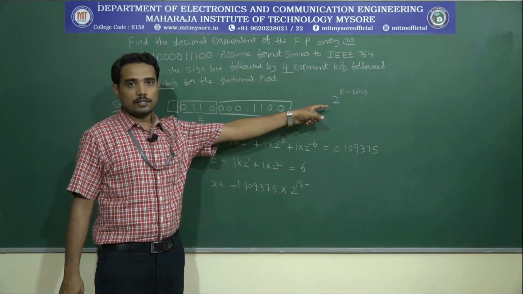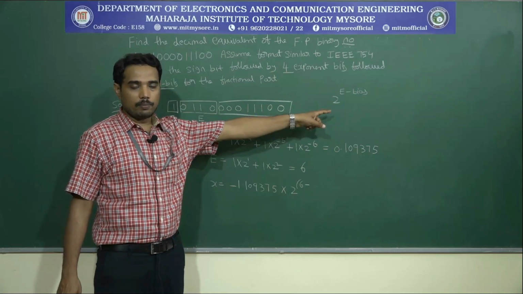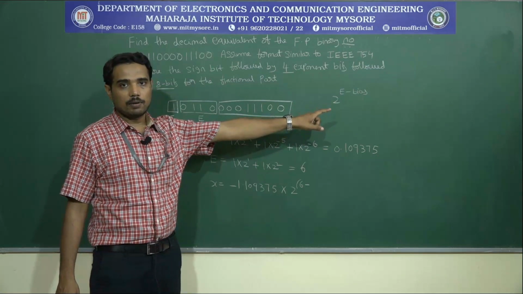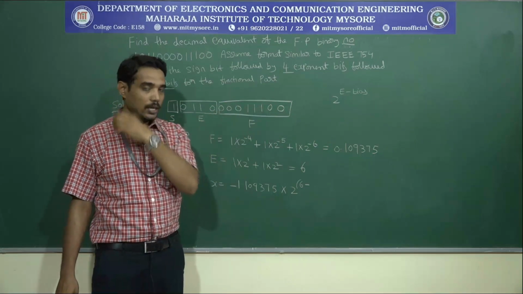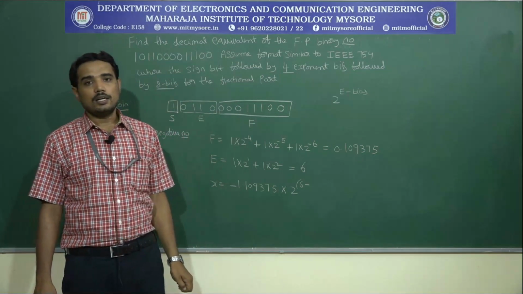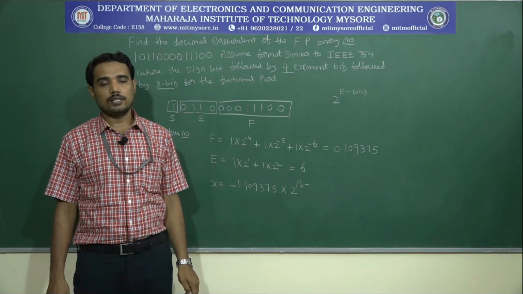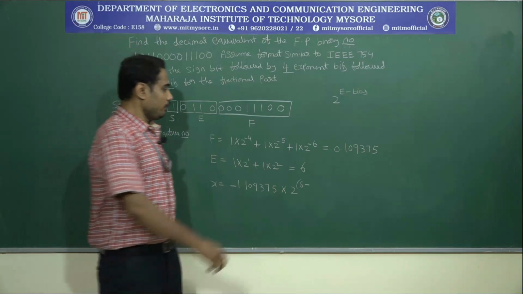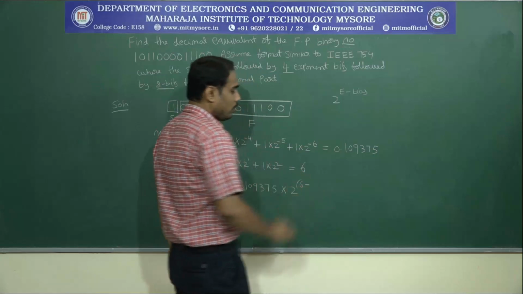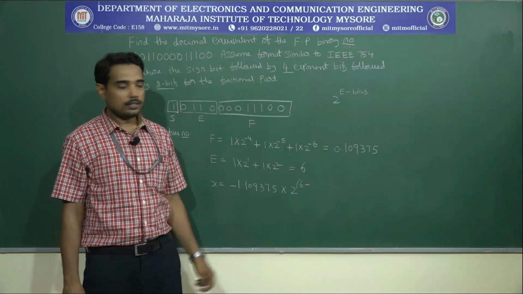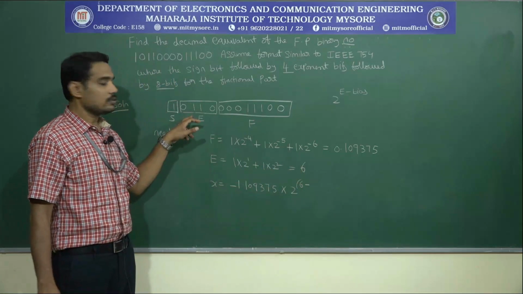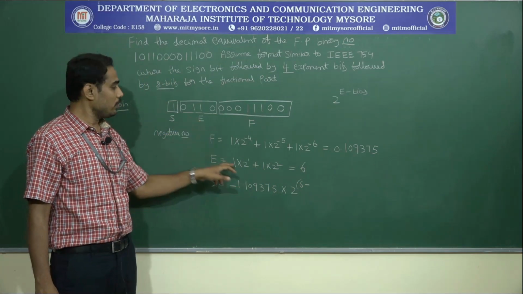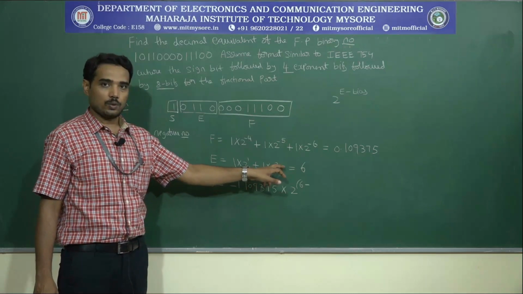We already know that the value of bias is dependent on the number of bits associated with the exponent field and also the largest positive number in that value. If e is taking a value of 6, it is from the simplification of 1 into 2 to the power 1 plus 1 into 2 to the power 2.